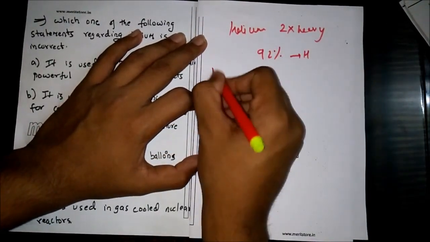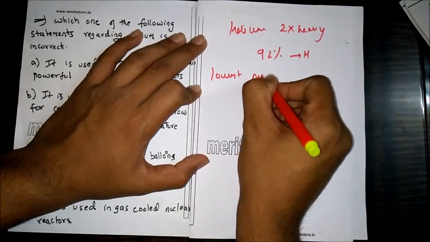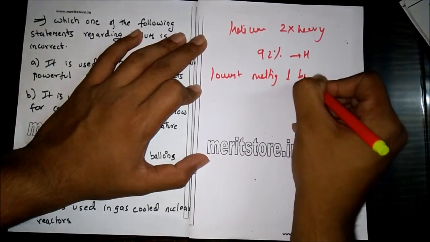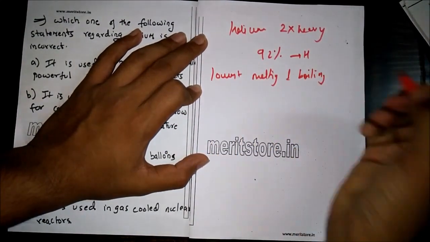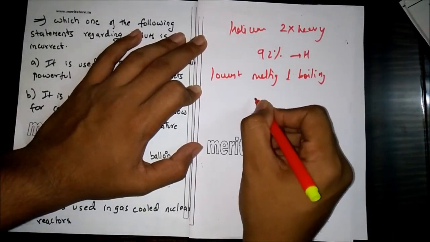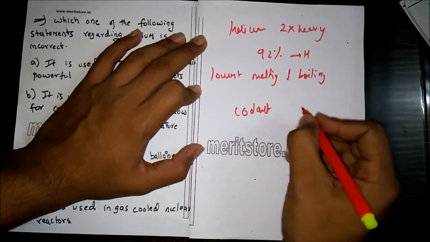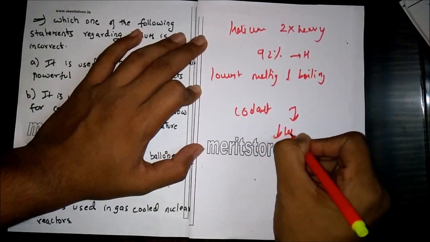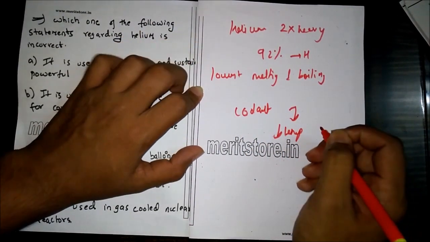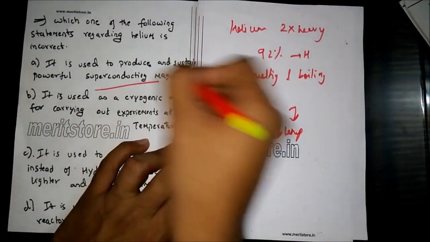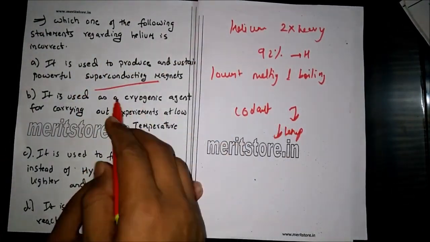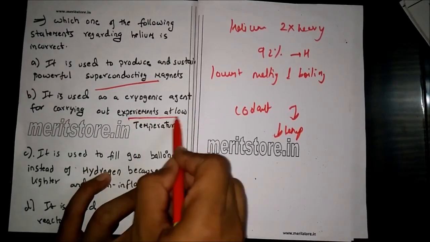Helium has the lowest melting as well as boiling point of any element, which makes liquid helium an ideal coolant for many extremely low temperature applications such as superconducting magnets, and it is used as a cryogenic agent for carrying out experiments at low temperature.